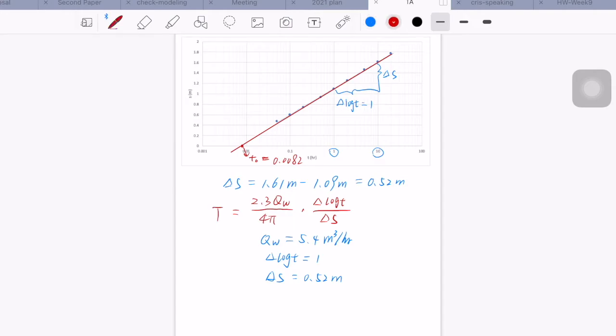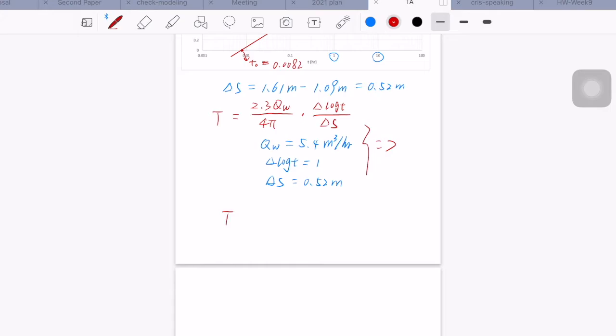So we can determine that the T should be equal to 1.9 square meter per hour.